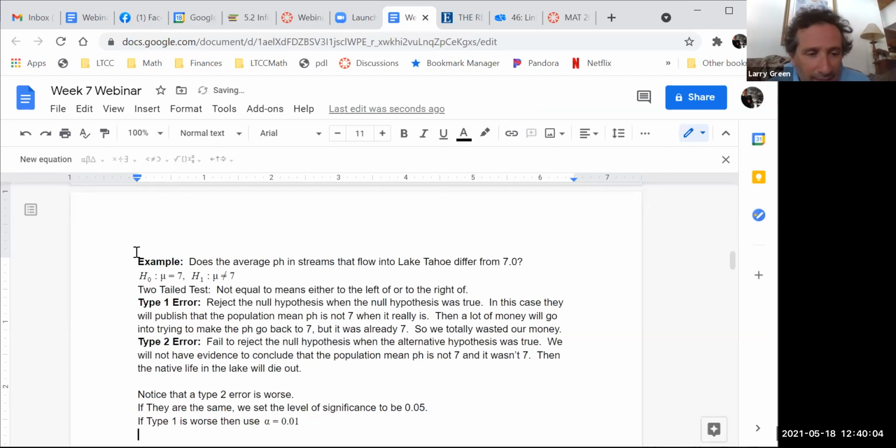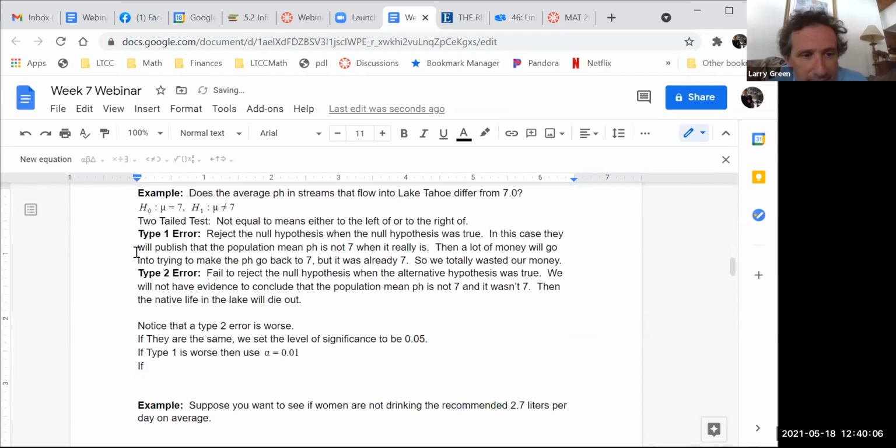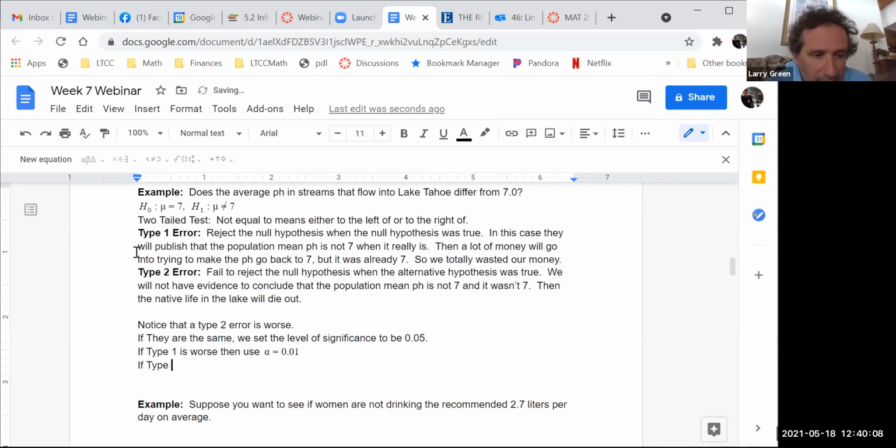Okay. On the other hand, if type 2 is worse, then use alpha equals 0.1.